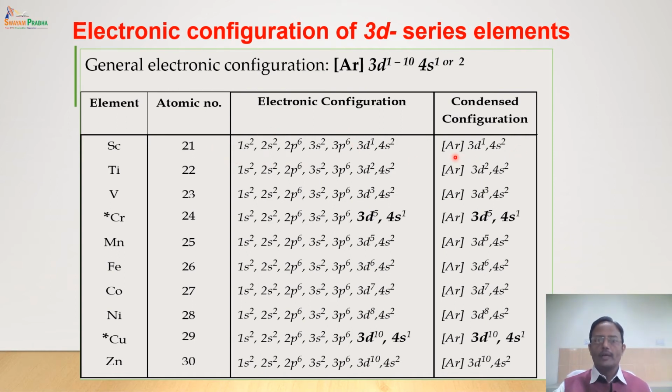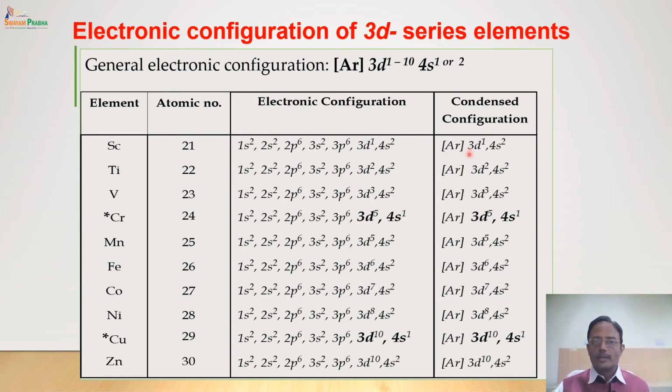So what we write is argon. This is the argon core, followed by 3d1 and 4s2. Similarly, this is argon core followed by 3d2, 4s2. This is called the condensed electronic configuration.